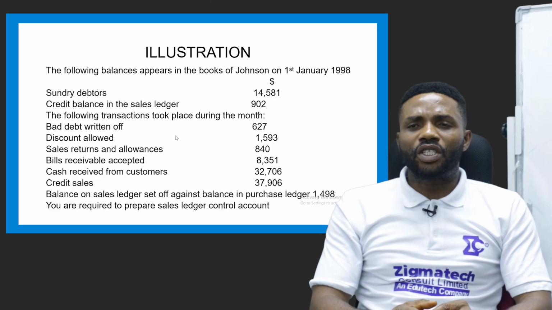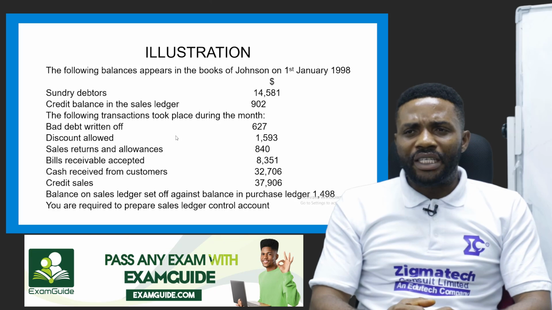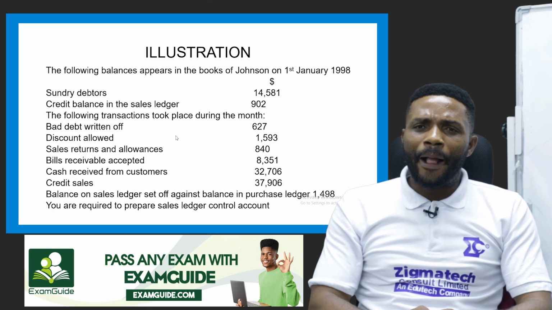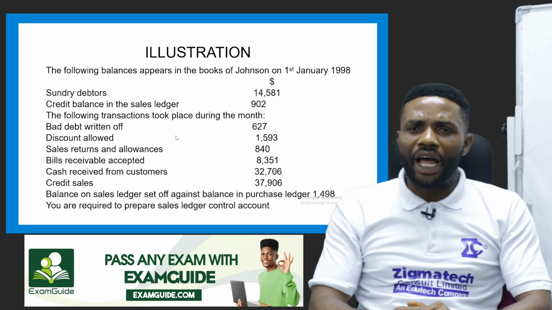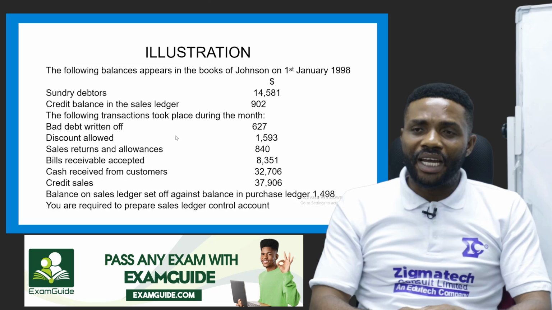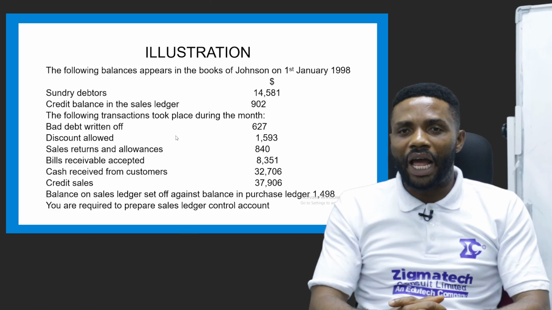Now, the following transactions took place during the month. Bad debt written off, $627. Discount allowed, $1,593. Sales returns and allowances, $840. Bills receivable accepted, $8,351.